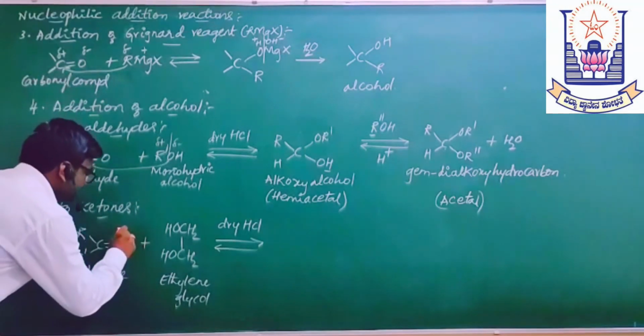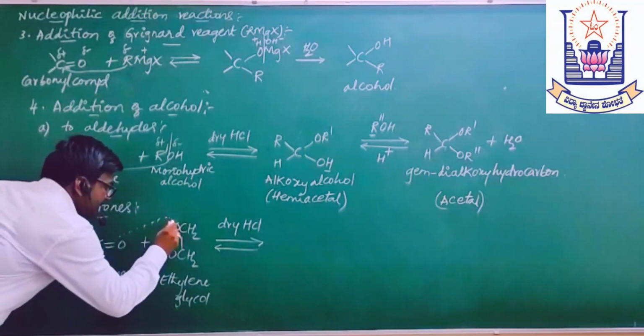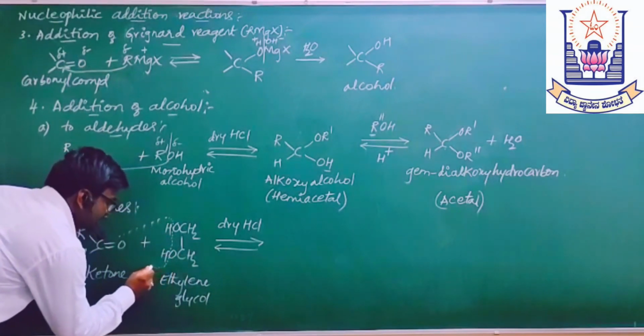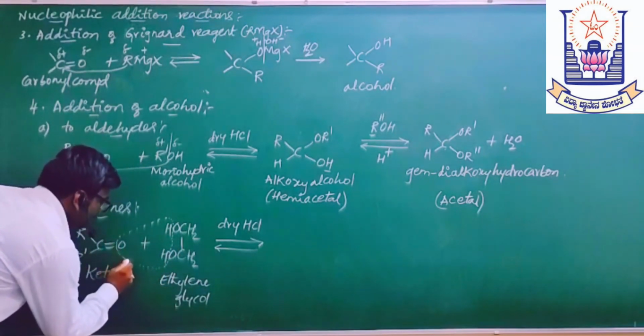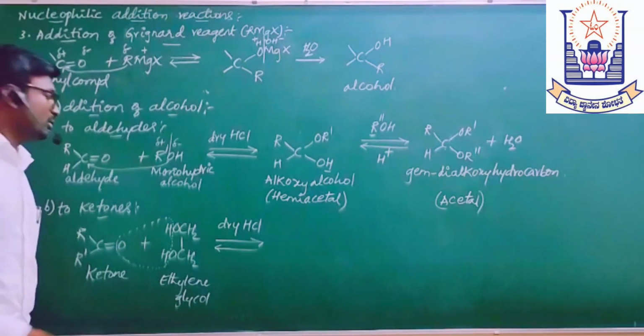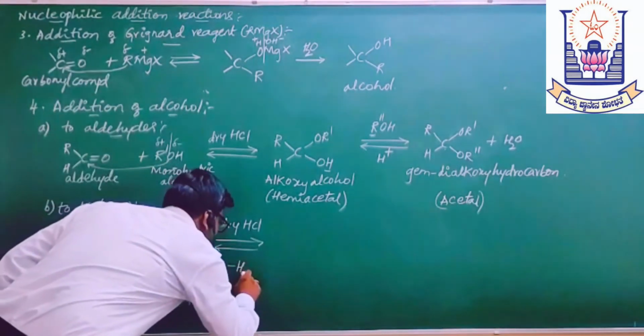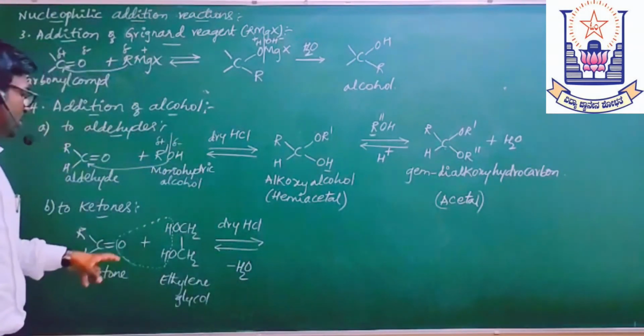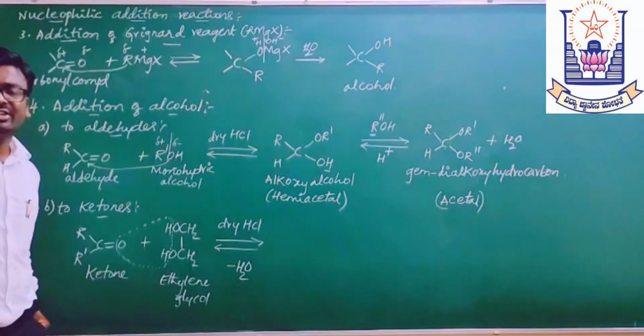Okay. Here, the H plus ion from this and the H plus ion from this will combine with O to give H2O. H2O will be released. Now, it is like a condensation reaction.